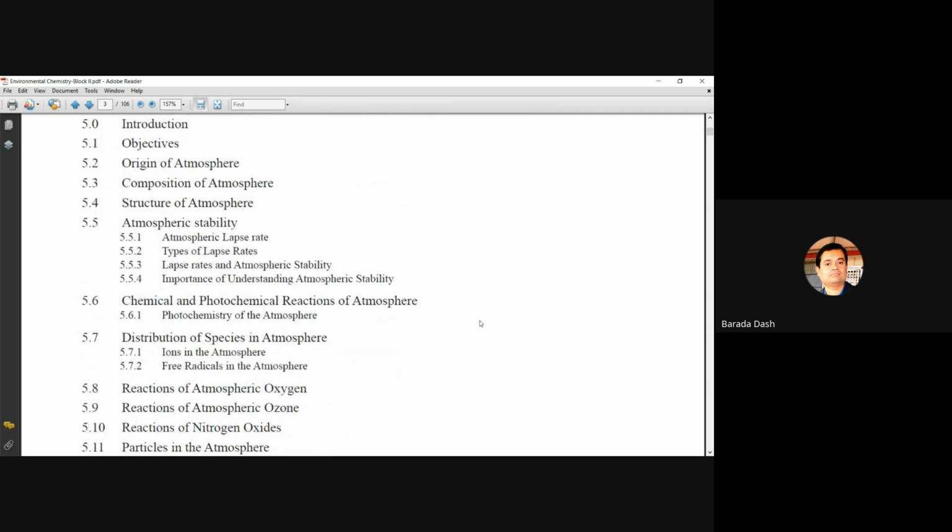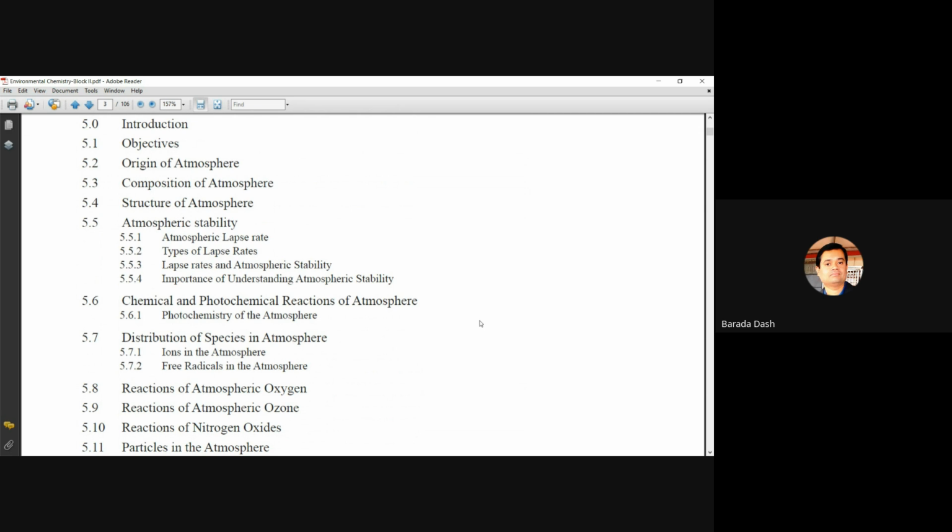In atmospheric chemistry, you will discuss the structure of the atmosphere and atmospheric stability. In atmospheric stability, there are the atmospheric lapse rate, types of lapse rates and atmospheric stability, and the importance of understanding atmospheric stability.